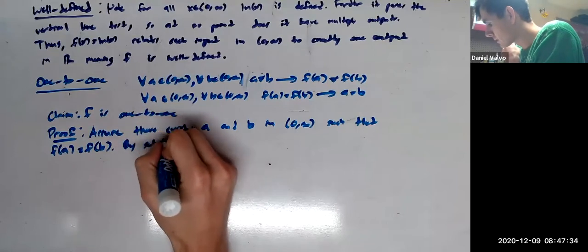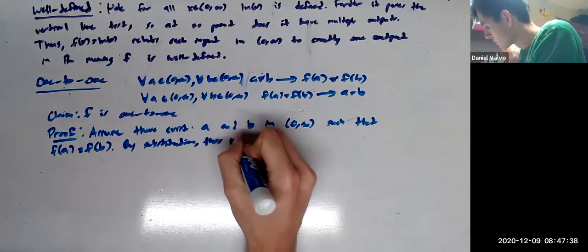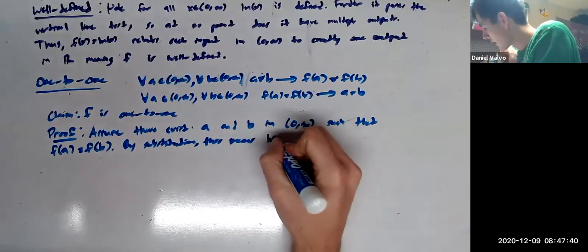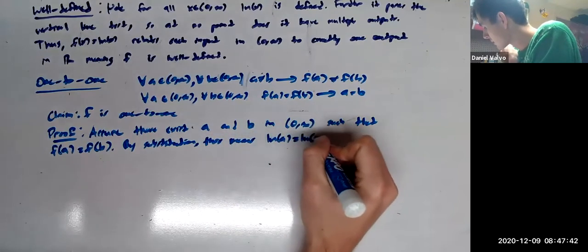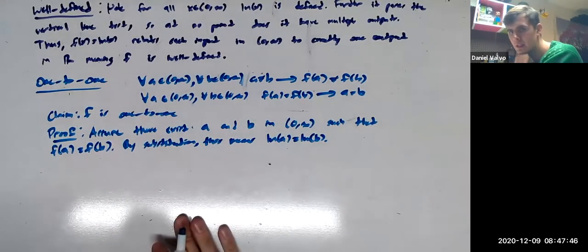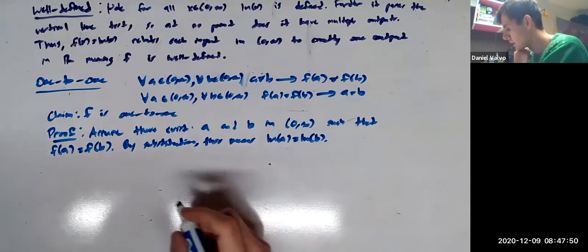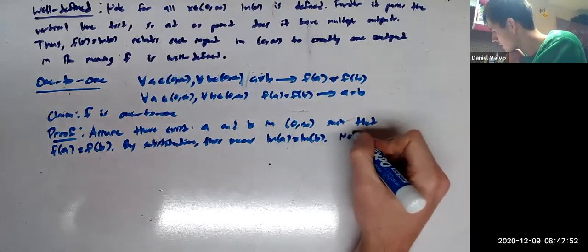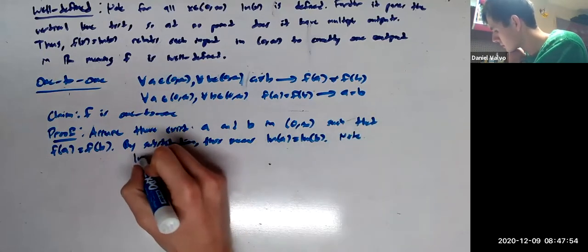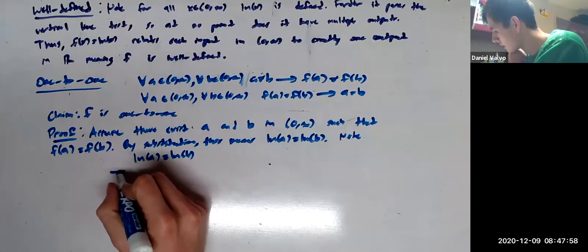By substitution, this means that ln of a equals ln of b. But, okay, let's work with this. So I'll say note, ln of a equals ln of b.